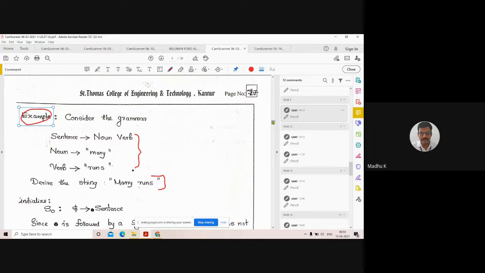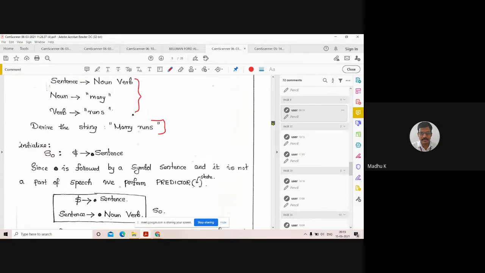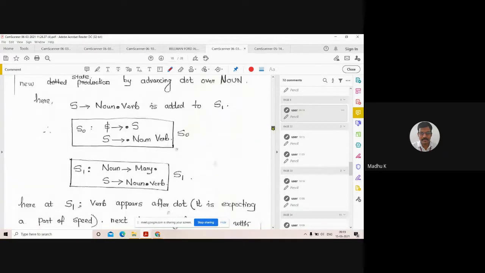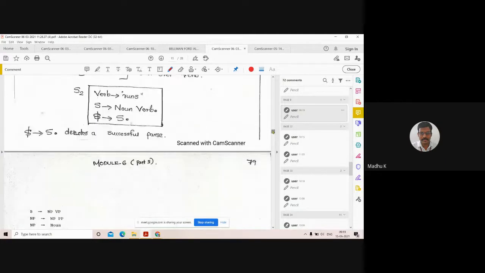This is the example we already discussed, so please go through it. This is a problem part, and I think this is one of the problems asked in a previous university exam. So please study this topic.